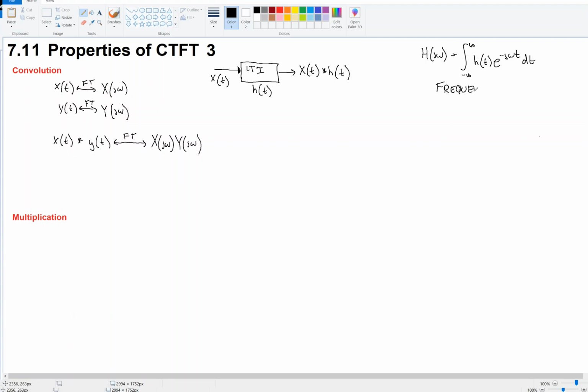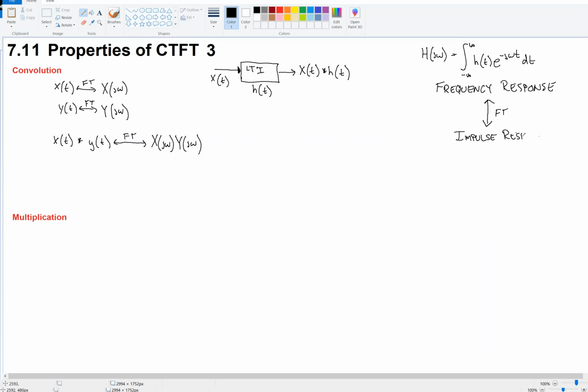Well, what is that equation? This is the frequency response. That is exactly the Fourier transform of the impulse response. So you see, this whole time, now we can finally appreciate it. The frequency response is the Fourier transform of the impulse response. Those are Fourier transform pairs.